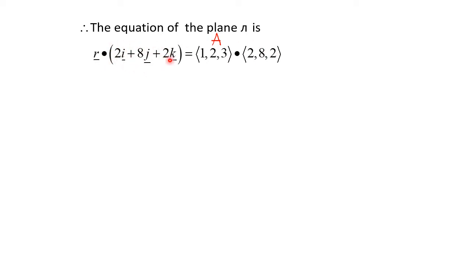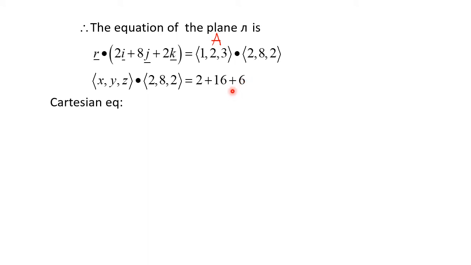Remember, as I said in the previous example, on the left hand side we stick with the ijk, and on the right hand side without ijk but with a bracket here. So we expand the left hand side and the right hand side, and we got 24. And since the question asks for the Cartesian equation, later on we also need to replace the bracket here, because we want to dot product with the r, because r we already replaced with x, y, z.